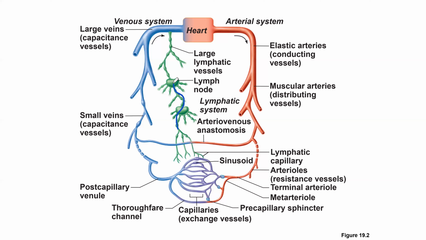And you go through larger lymphatic vessels back to the venous circulation, back to the venous blood, and then to the heart. So that's the lymphatic circulation here.